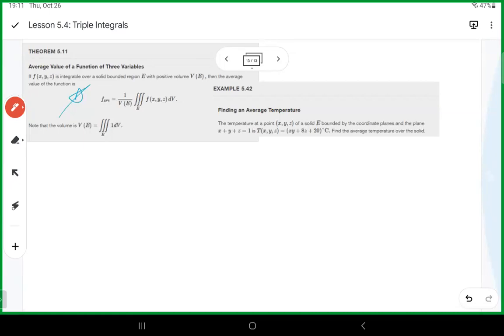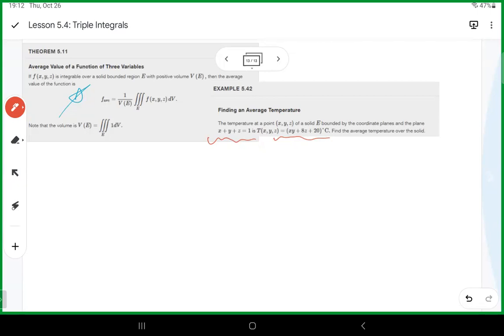So, finding the average temperature: the temperature at the point (x, y, z) of a solid E bounded by the coordinate planes and the plane x plus y plus z equals 1 is T(x, y, z) equal to x plus y plus 8z plus 20 degrees Celsius. Find the average temperature over the solid. So we want to use the theorem given and the triple integral to find the numerator and denominator, then do the division.